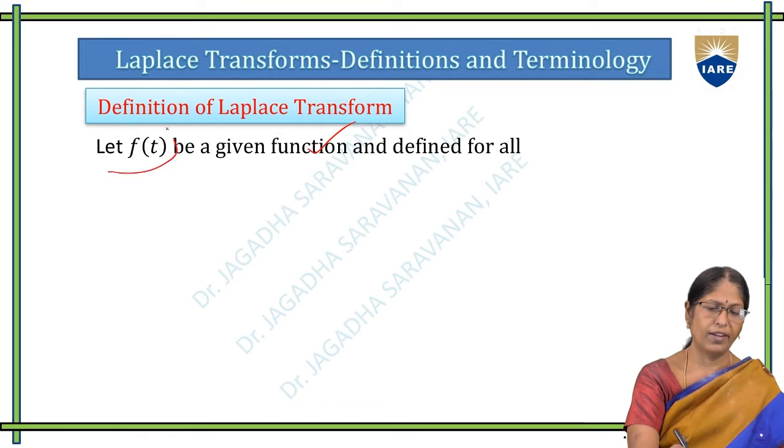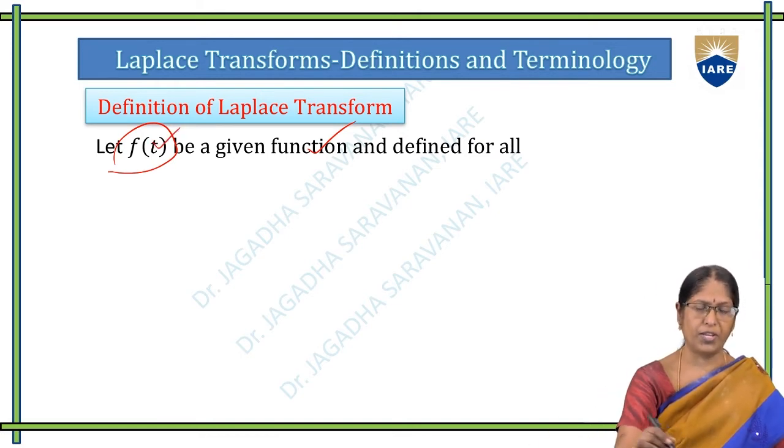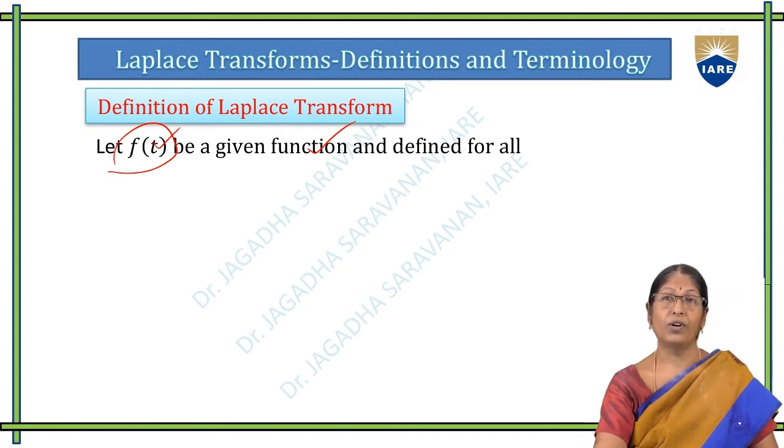First, let f of t be a function f defined in the variable t. Before that, the topic is definitions. The meaning of definition is that which is created with some established mathematical laws or parameters.